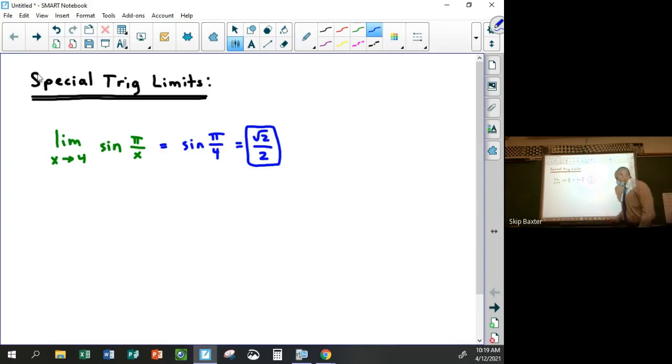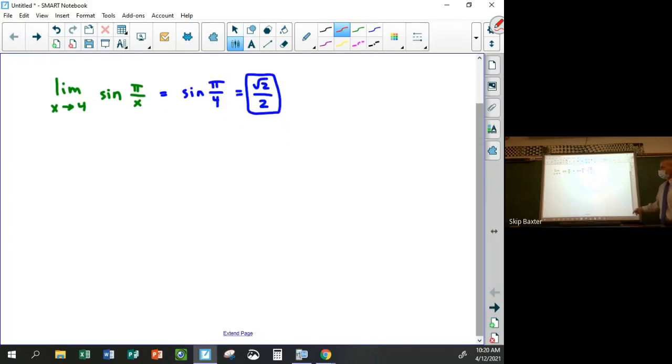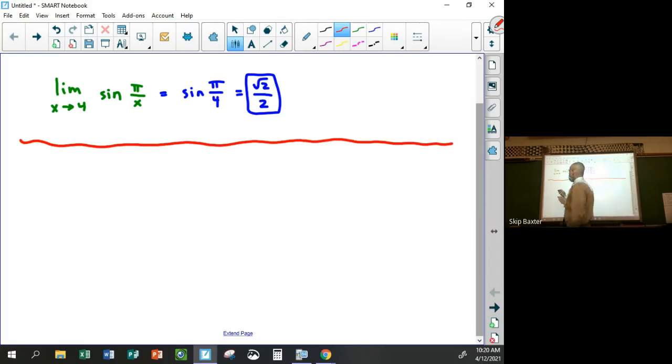Now there's a couple of special situations that are a bit confusing at first, but if you look at it the right way, it sort of makes sense. So one example is, what if you wanted to find the limit as x goes to 0 of sine x over x?